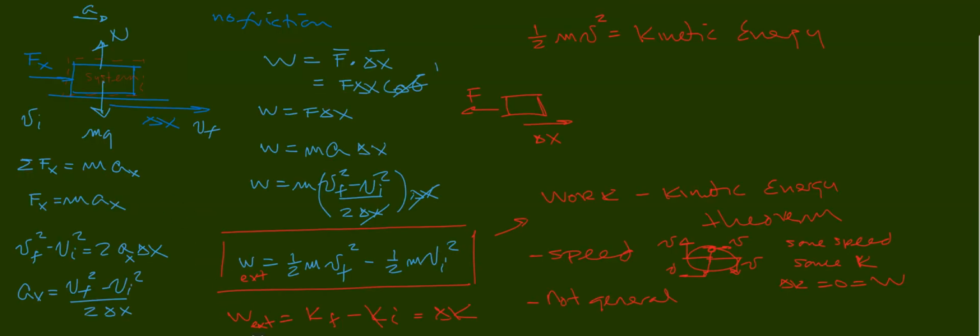If we put numbers to the explanation I just showed you, we get this example, in which the work done by the normal and the weight is zero, and the work done by this force on the system is going to change the kinetic energy.